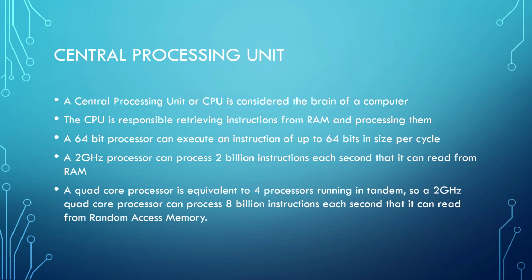That's a lot of information to be able to process. A quad-core processor is equivalent to 4 processors running in tandem. So a 2 gigahertz quad-core processor means that you have 2 gigahertz processors running together, which could process up to 8 billion instructions, each one being up to 64 bits in size, per second that it can read from random access memory.